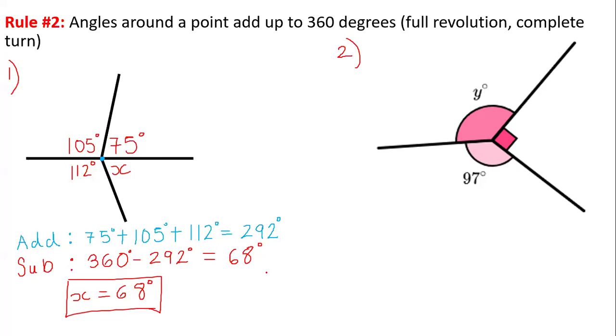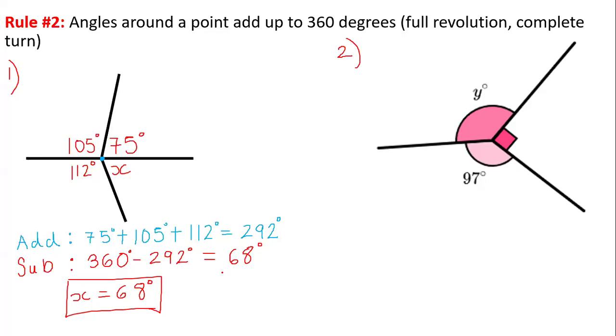173. Divine answer. Okay. Lakeisha Okara, how are we going to get y? We could add 97 to 90 and then take that away from 360. 97 to 90?